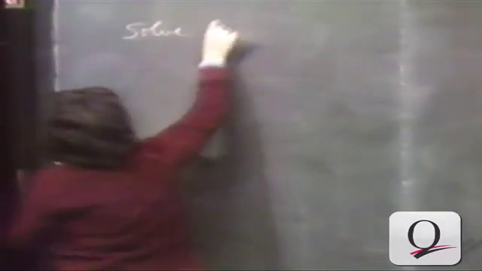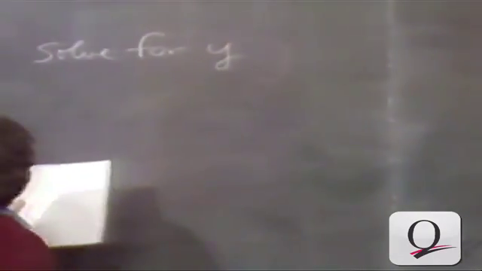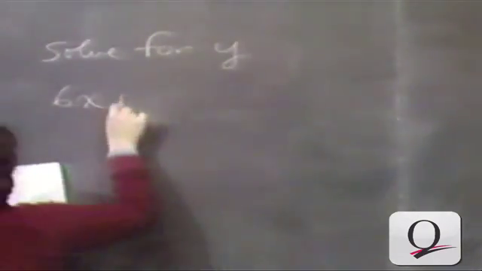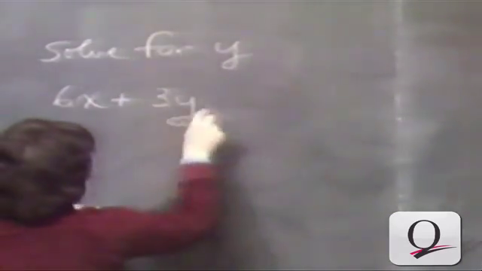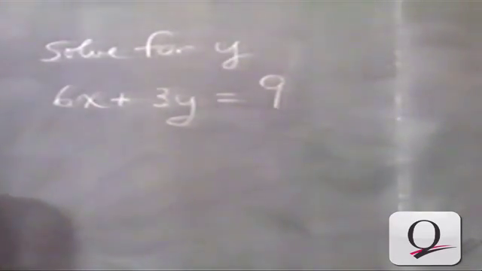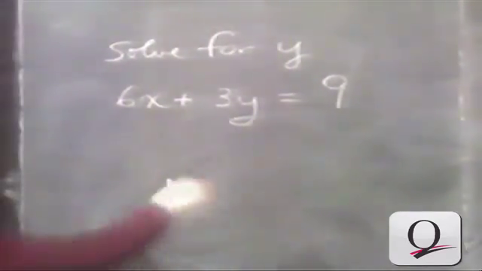Okay, let's say we want to solve this formula for y. Solve for y: 6x plus 3y equals 9. We want to solve for y, so we want to get y alone and on one side of the equation. Let's try to get y alone on the left.